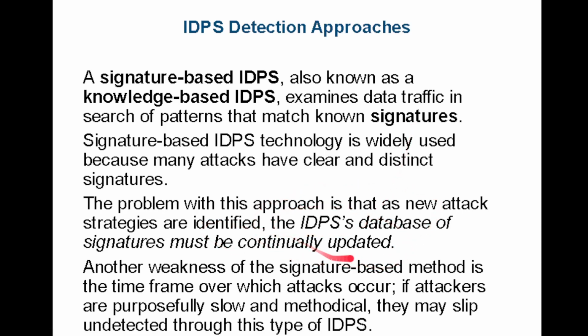Signature-based requires continual updates. You've got to get your antivirus updates, or your antivirus is not working. You've got to get those signature updates. So with any IDPS that uses signatures, you have to basically subscribe to the database update. The free ones, you get the later warnings.